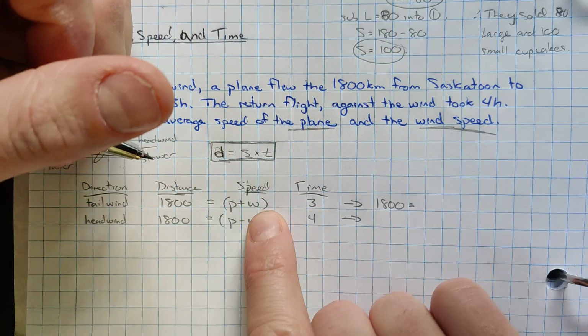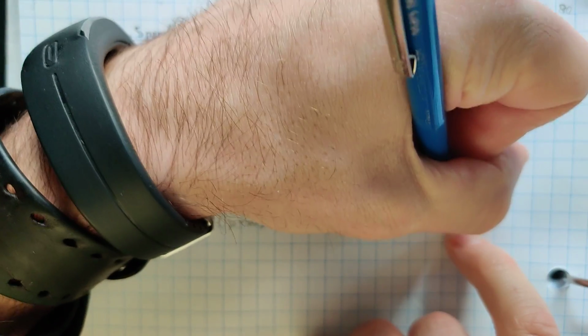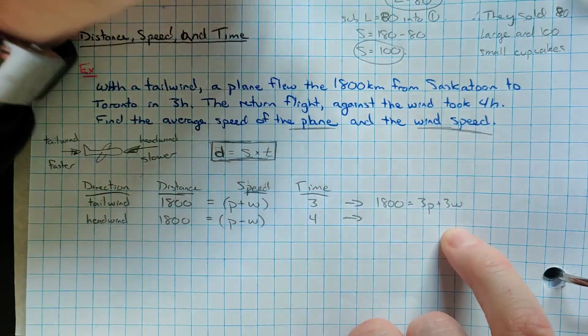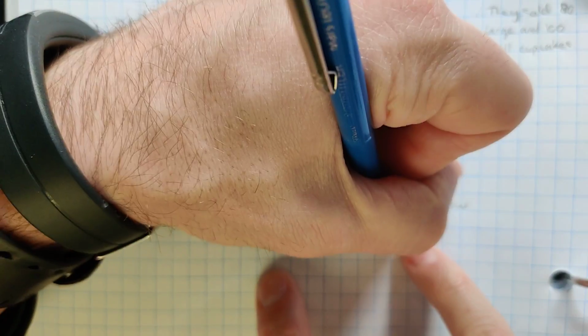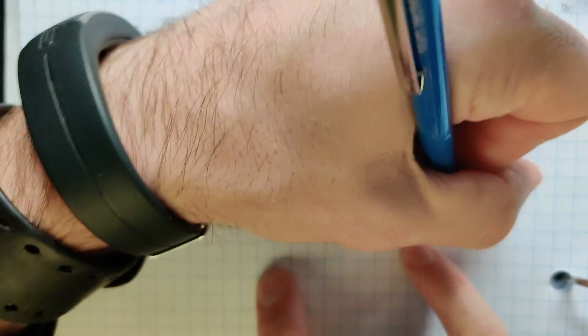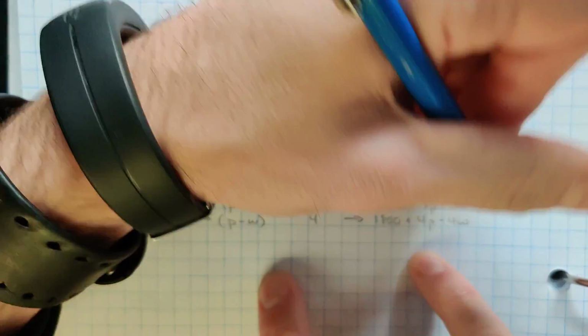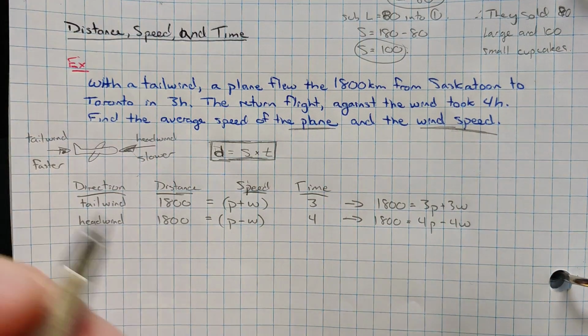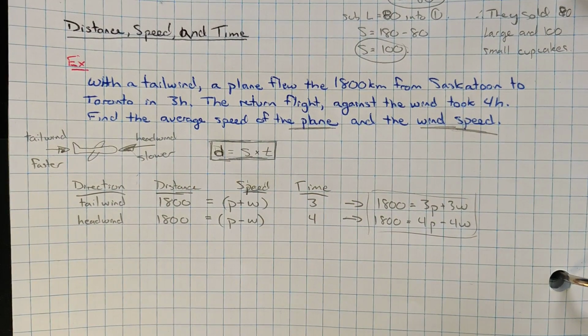So we're going to multiply P and W by 3 in the first one. 3P plus 3W. And then we're going to do the same thing in the second one, multiplying by 4. 1800 equals 4P minus 4W. Now we have two equations that we can go about solving.